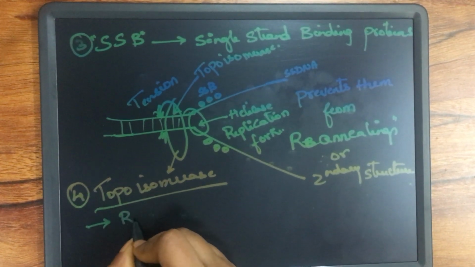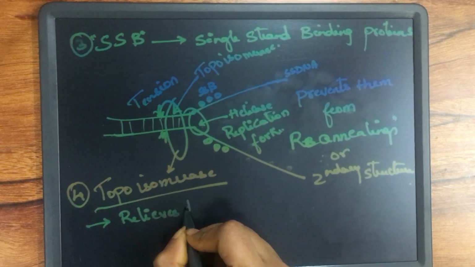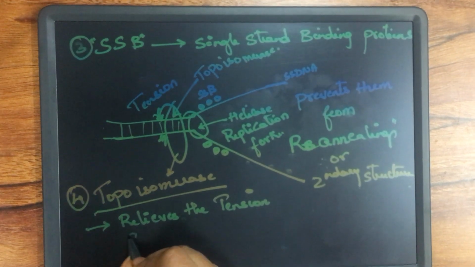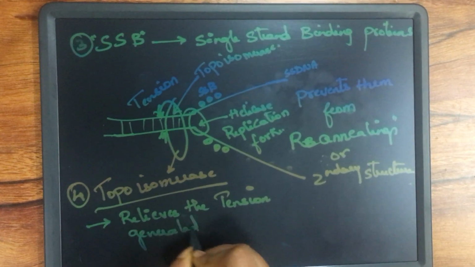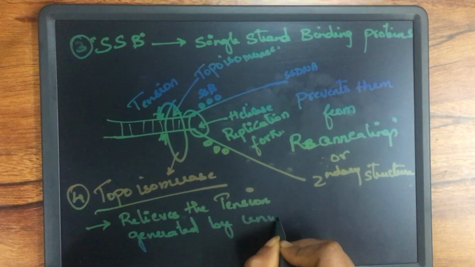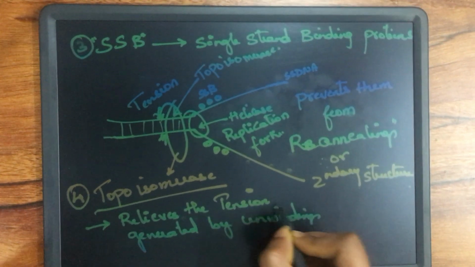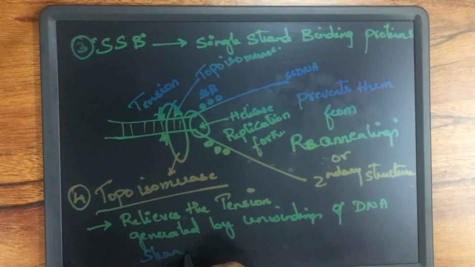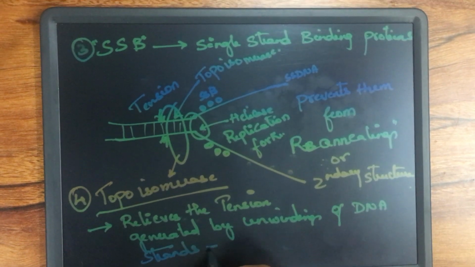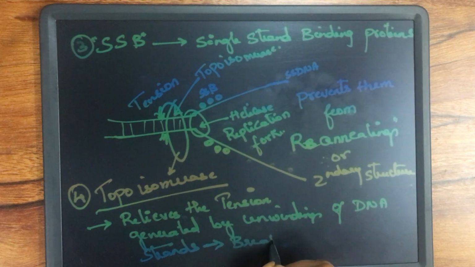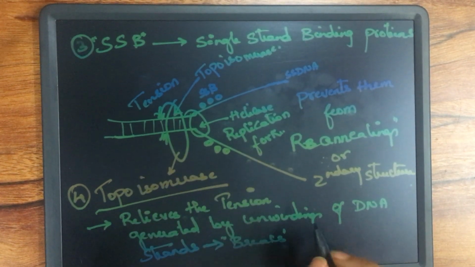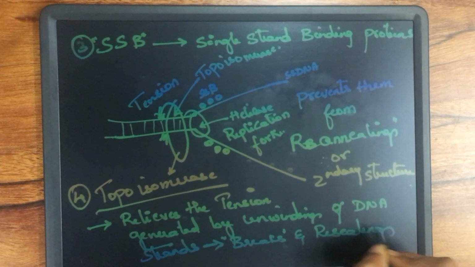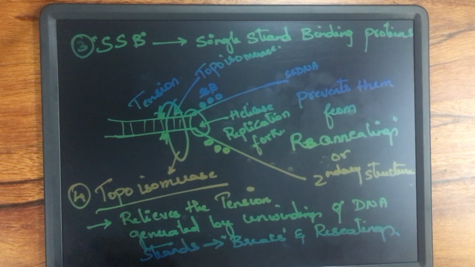Topoisomerase relieves the tension generated by unwinding of the DNA strands, by creating temporary breaks in the strand and again resealing it. Okay, so this was our fourth step.